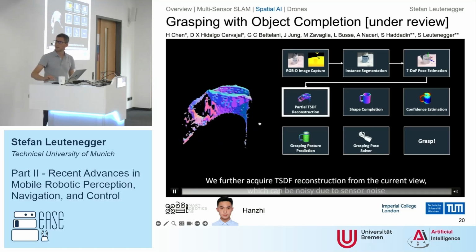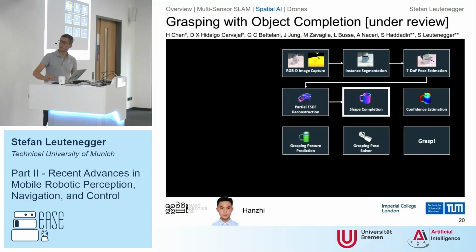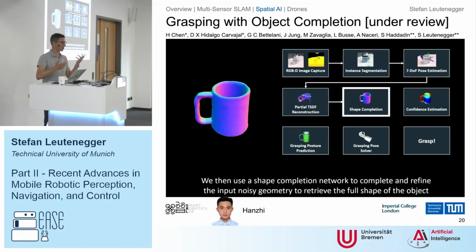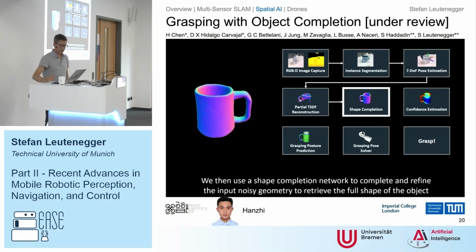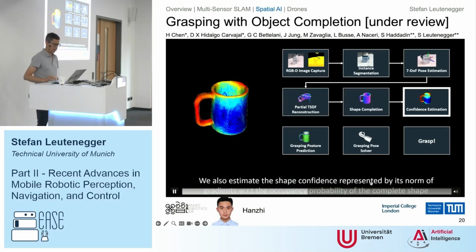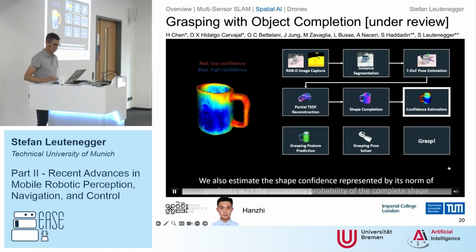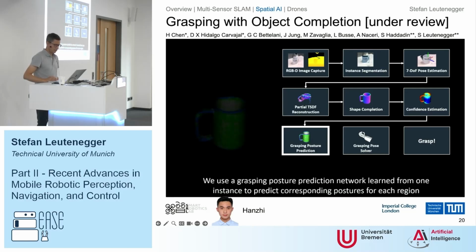So you see the initial reconstruction is really quite bad, right? You would have trouble grasping it in a more model-based way with just such a reconstruction. But if we run a learning-based completion in the loop, then we can very reliably pick these things up. This is the completion confidence that I've shown, and that is also part of the pipeline.